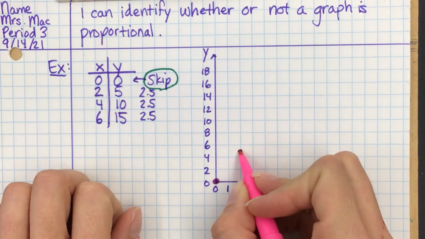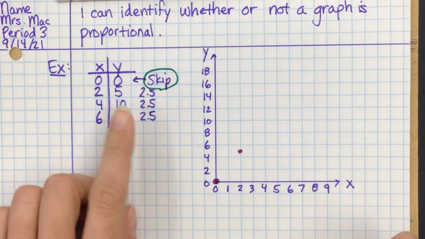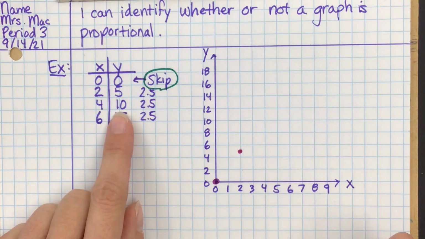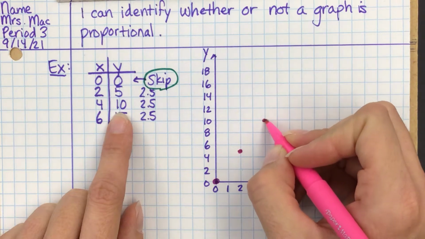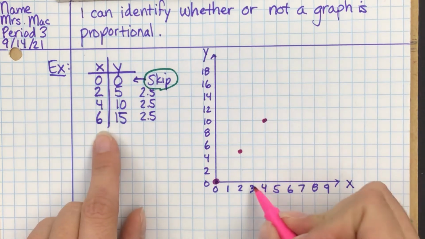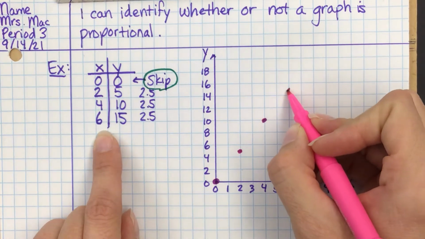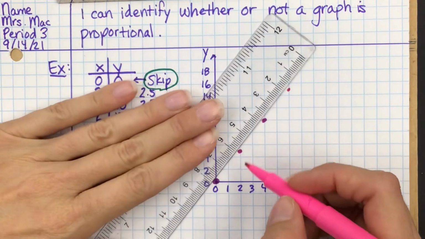And the 5 is about halfway. The next here is 4 and 10. And then 6 and 15. Once you have plotted your points from your table onto your coordinate plane, you're going to connect them to make a line.